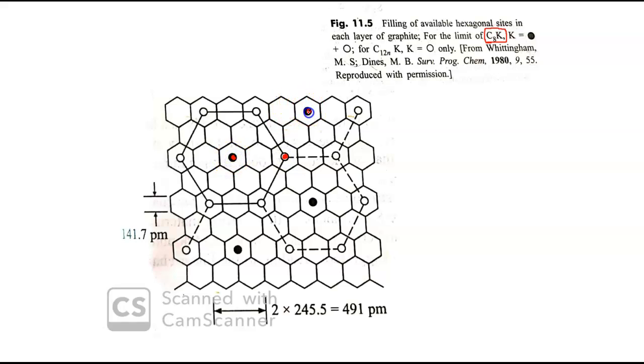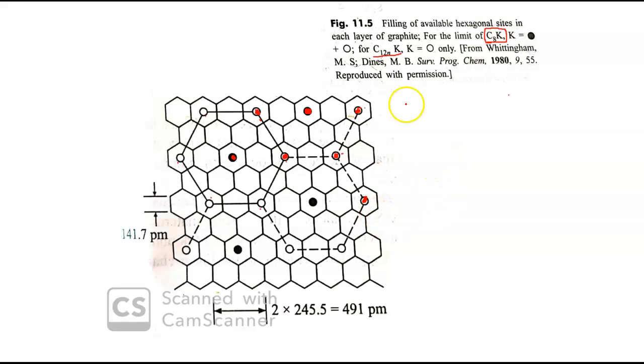Each of these would be potassium, and this would be the filling pattern that you observe in this intercalation compound of graphite. Each of these positions will be filled by the corresponding potassium, rubidium, or cesium when you are considering the corresponding C8K. When you move to C12N, that is the higher one, only this one will be filled. Only this will be filled, others will be empty.